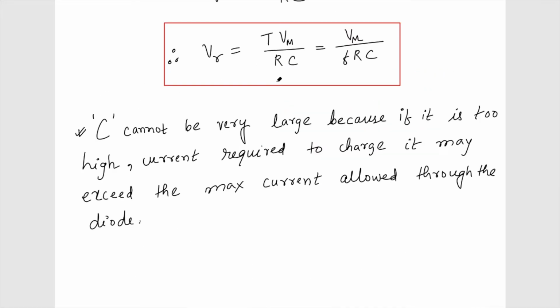So this was the ripple voltage for a half wave rectifier. For a full wave rectifier, it will be just divided by 2, because the frequency is going to become double, right?